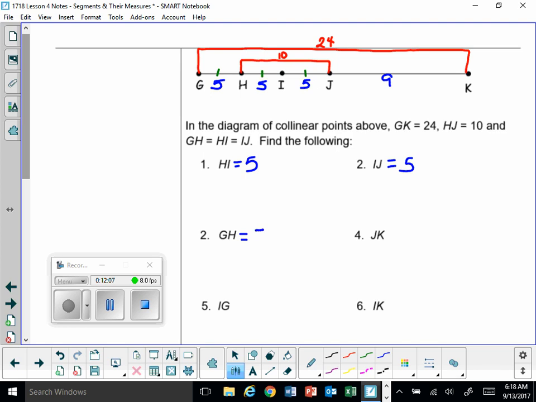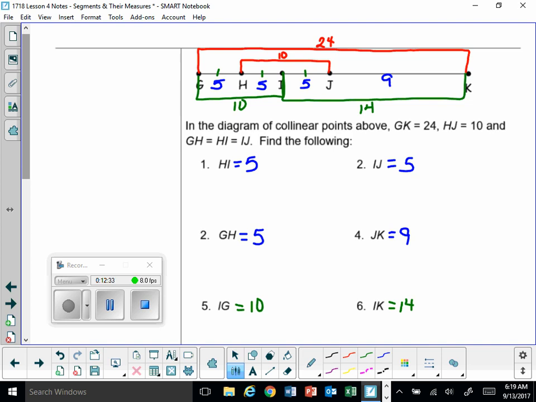The length of GH is 5. The length of JK is 9. What have we got next? The length of IG. So from G to I, that's 10. And the length of IK, 5 plus 9 is 14.